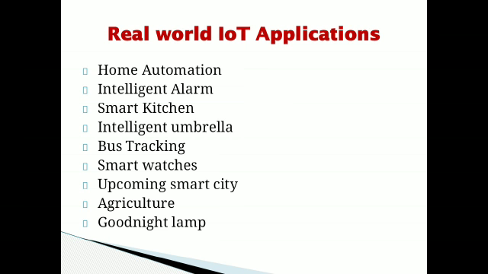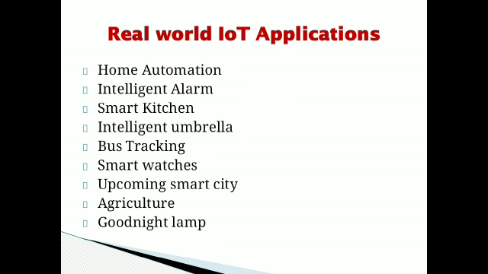Intelligent alarm, smart kitchen, and intelligent umbrella, which focuses on data science and works with weather forecasting. Bus tracking, smart watches, upcoming smart cities, which may deal with air pollution, traffic, lights, car parking, etc. Agriculture. Then the goodnight lamp, this is something different.